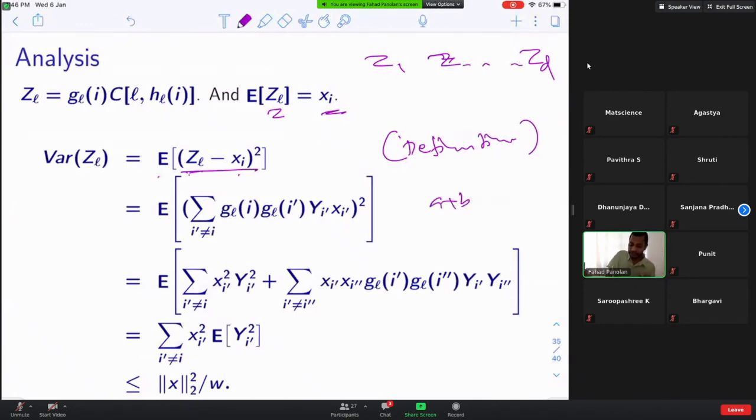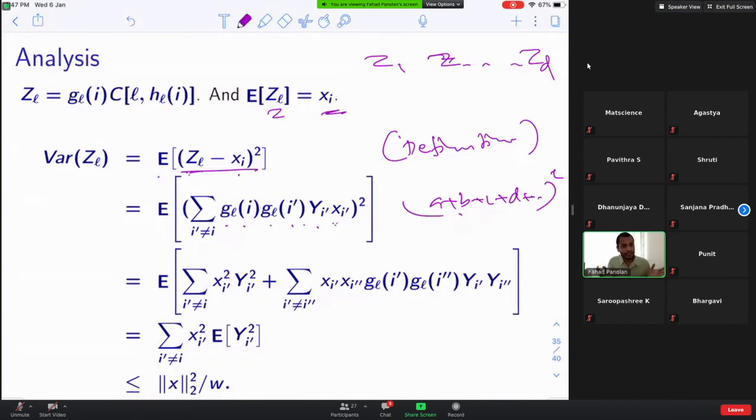Now you just do this calculation: A plus B plus C plus D etc., the whole square, which gives A square plus B square plus C square plus D square etc., plus AB plus BA plus AC plus CA, like that. So what you will have is GL of I prime square, Yi prime square, Xi prime square.